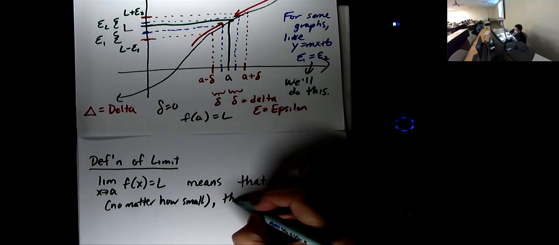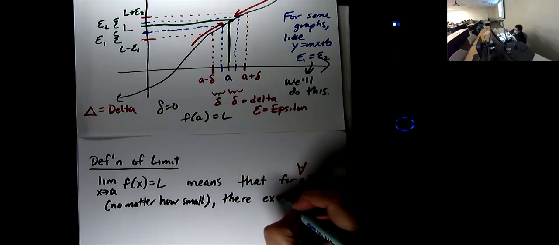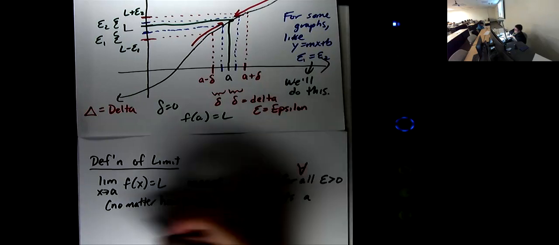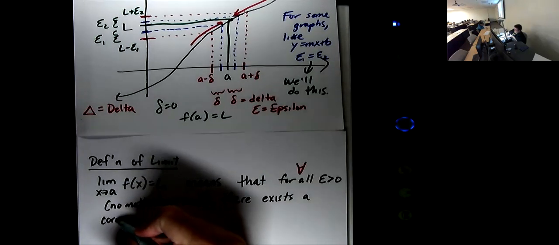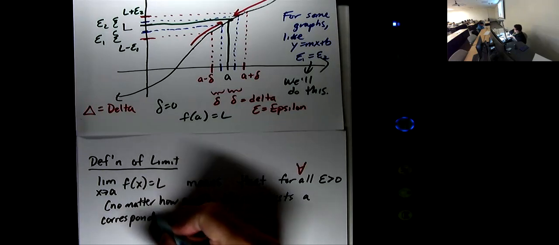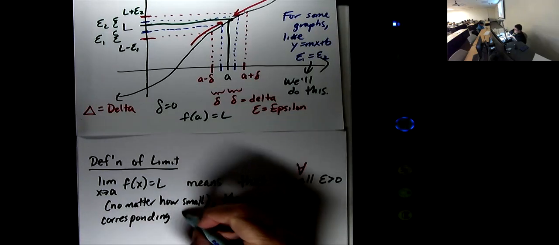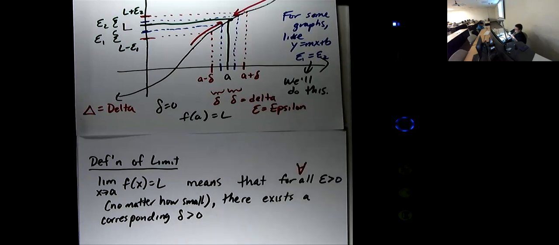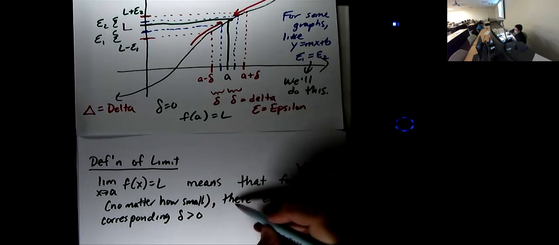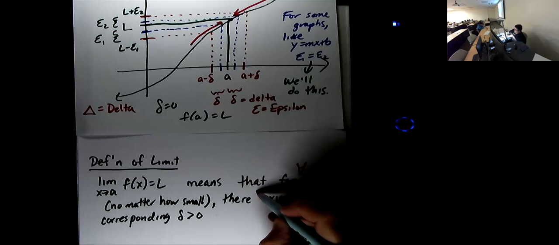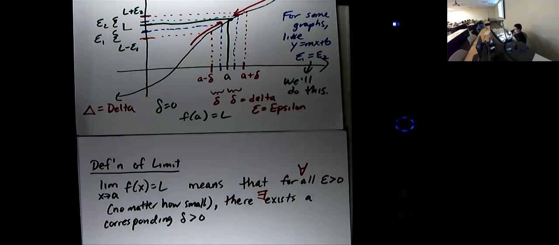there exists a corresponding delta greater than 0. And for there exists, I could have done a backwards E right there.